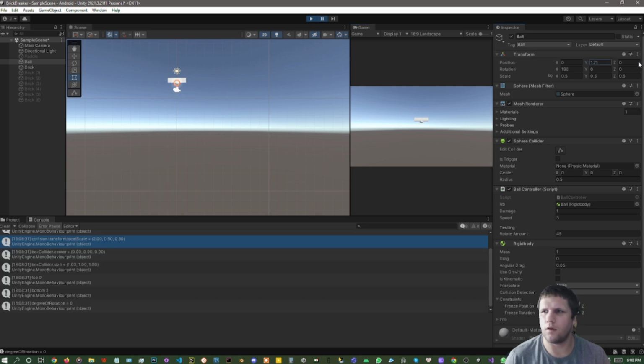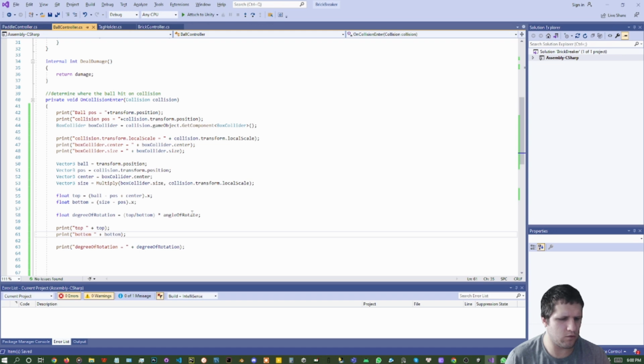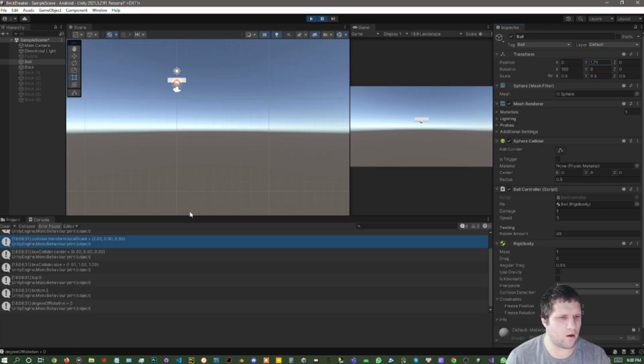Okay, move the ball up. Top is 0. The bottom is 2. Now why would the top be 0? Ball minus position. Well, duh. Of course it's 0. We want it to be 0.